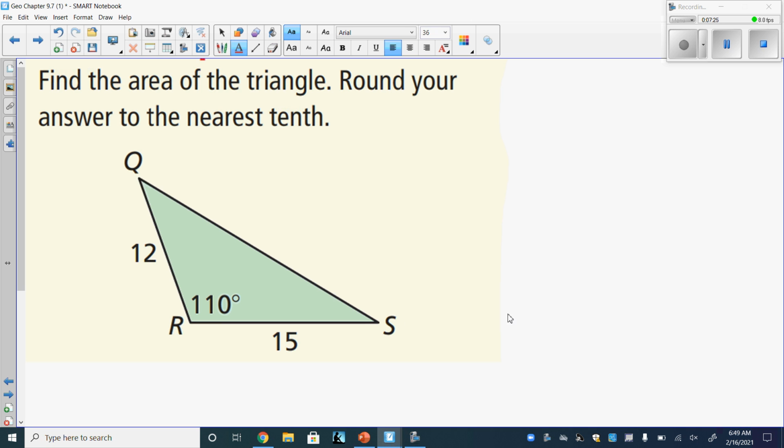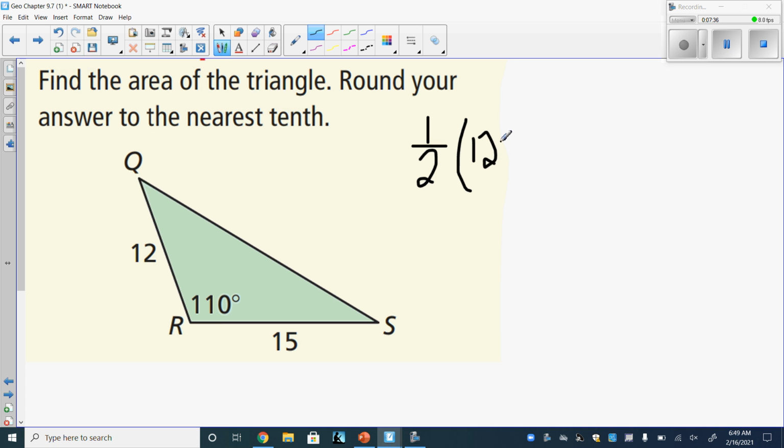All right, let's look at the next one here. So I have two side lengths and the angle in the middle, so we can use our area formula, which is 1/2 of those two side lengths multiplied together, so 12 times 15. And we multiply it by sine of the angle in the middle, so that'd be sine of 110.